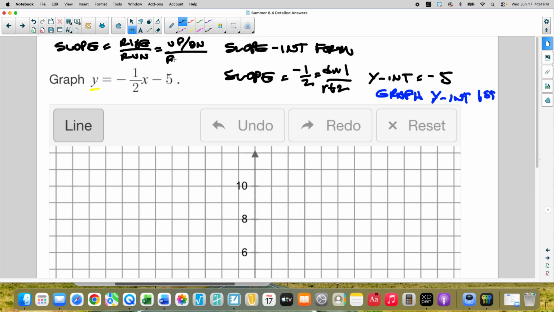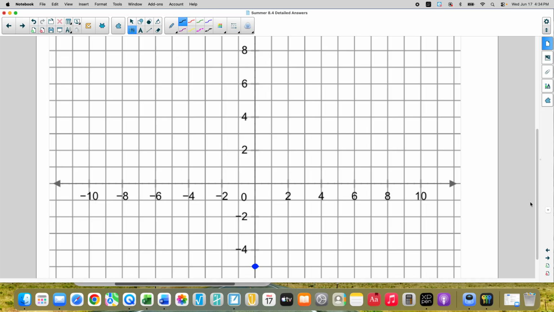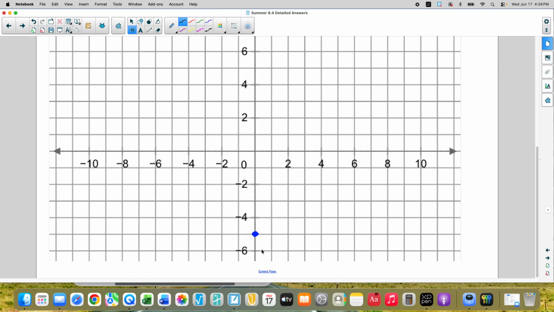Run, you can either go right or left. Up is positive, down is negative, right is positive, left is negative. So we have a -1, that would be down 1, and then +2 would be right 2. So from my y-intercept, I'm going to go down 1 and right 2, and I'm going to make a dot.